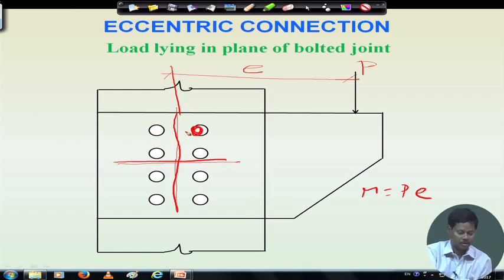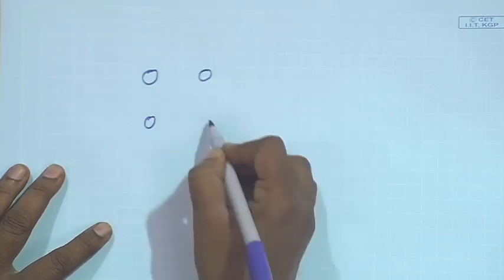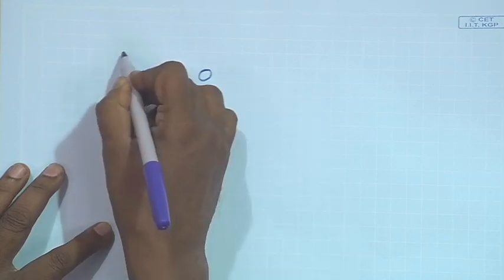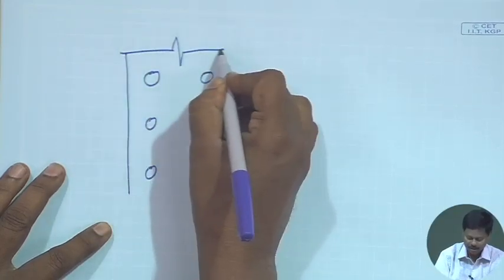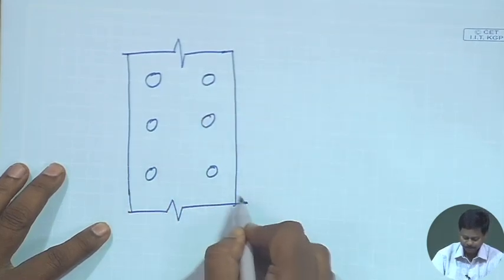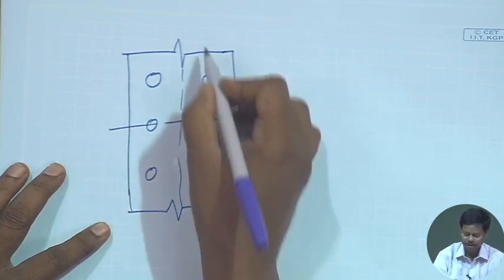Say if we draw this figure, a column is carrying some eccentric load which is coming from a beam or, say, a cleat plate. So, this is the column, and the eccentricity of the bolt joint is this.